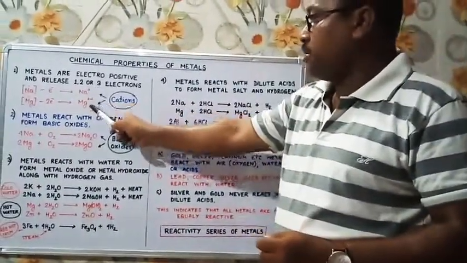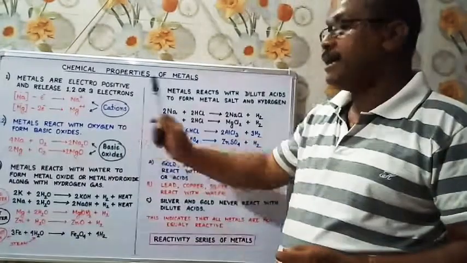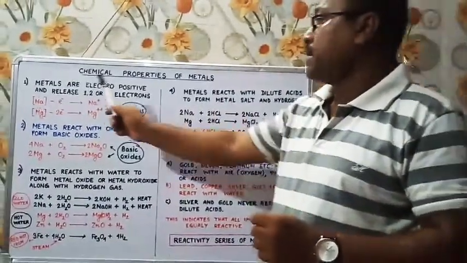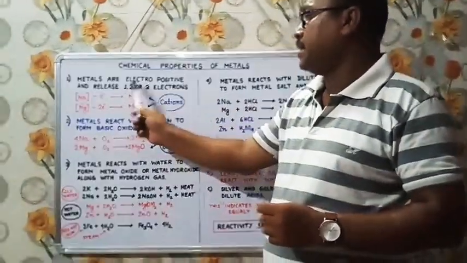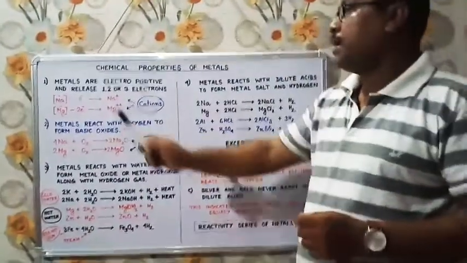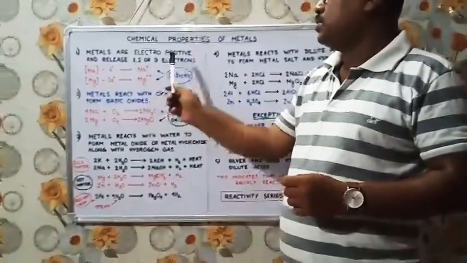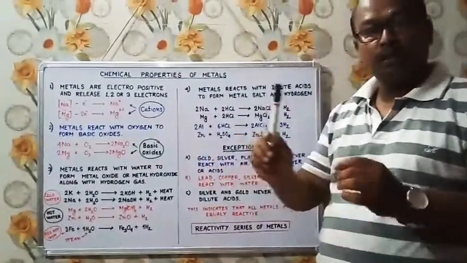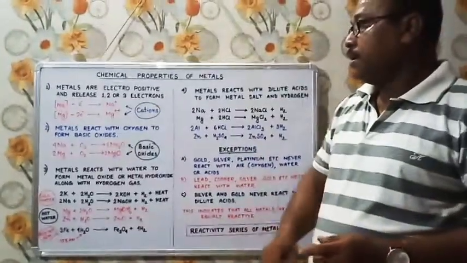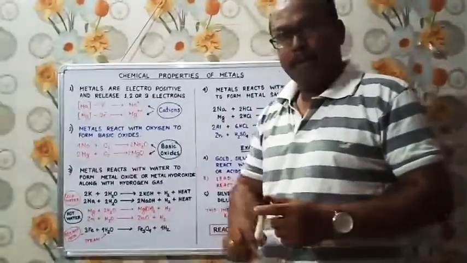Such positive ions of metals are called cations. So the first property, I repeat, metals are electropositive elements and they release 1, 2 or 3 electrons from their valence shell. Now coming to the second chemical property of metal.